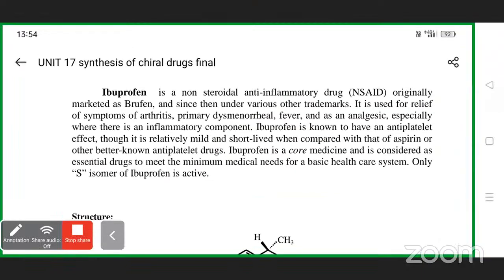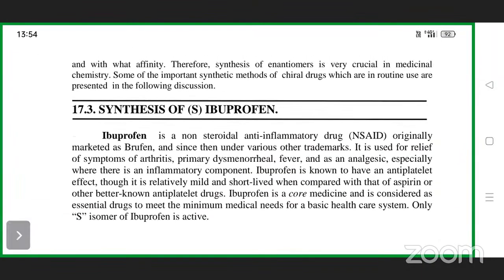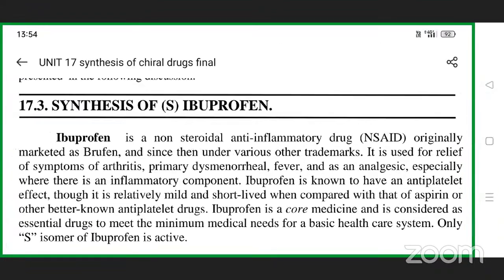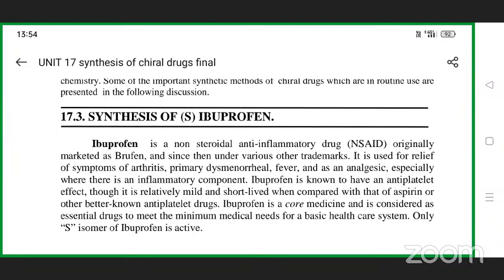So in this, first we'll see the synthesis of S-ibuprofen. In ibuprofen you can find one chiral center. As per the formula, the number of stereoisomers possible for a compound is 2 power n, where n equals the number of chiral centers.